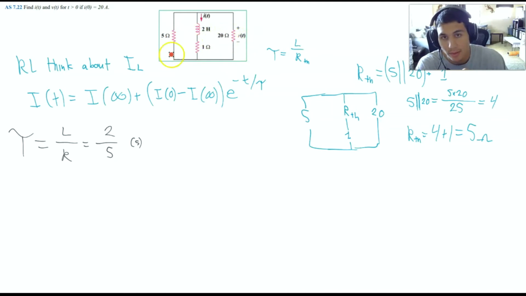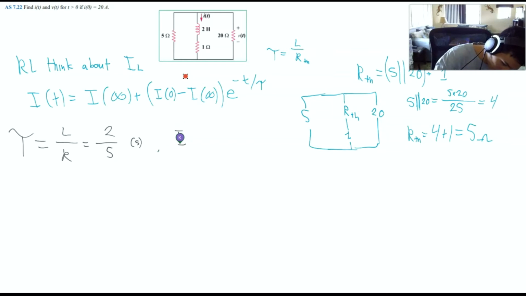This means that over an infinite amount of time, all the current will be dissipated into these resistors. There's a lot of resistance here, and all the energy is just going to keep cycling in and out, and eventually over an infinite amount of time it will be 0. So I of infinity is equal to 0.